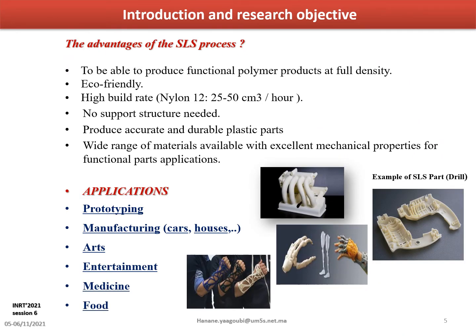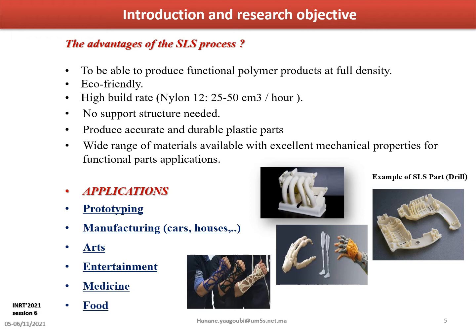So what are the advantages of the selective laser sintering process? Using this process makes us able to produce functional polymer products at full density, which is eco-friendly, and we have a high build rate, and we don't need any support structure, and we can produce accurate and durable plastic parts. We also have a wide range of materials available with excellent mechanical properties for functional part applications.